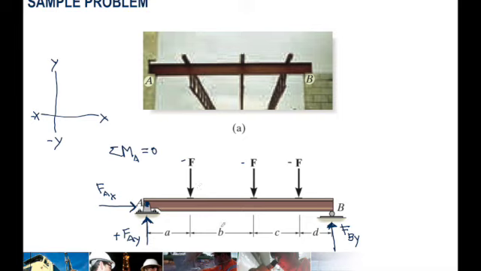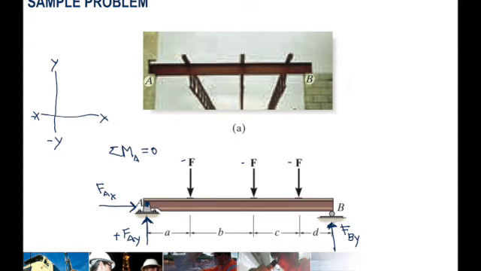So how can you achieve a summation of moments equal to 0 using FBY? FBY should make a moment about point A, and since these three are clockwise, the moment created by force FBY should be opposite, or anti-clockwise.